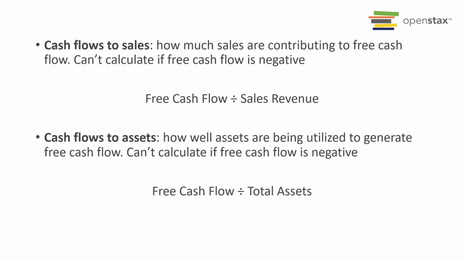But if you do have cash left over, then you can calculate this percentage. In both of these cases, the bigger the number, the better. The more liquid you are, the easier time you have to pay your bills, and the more effective you are at utilizing your sales and asset resources.